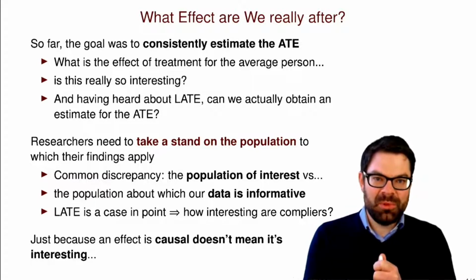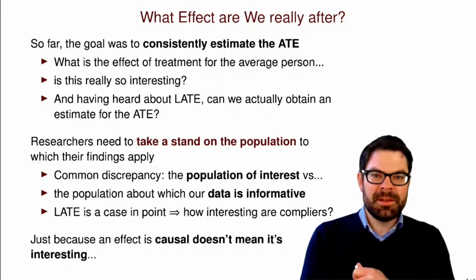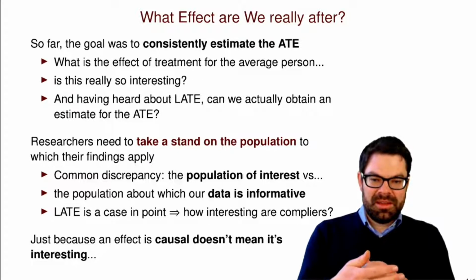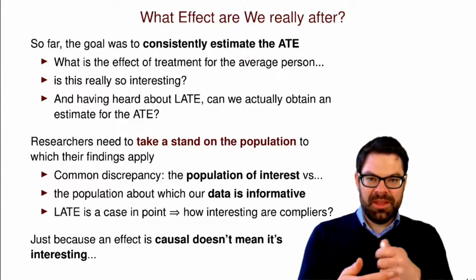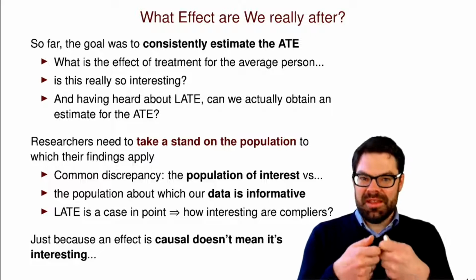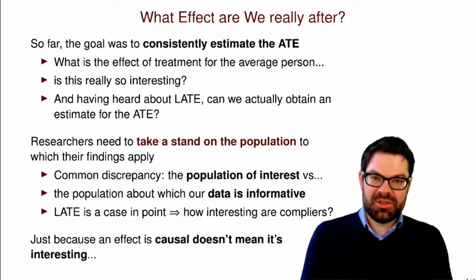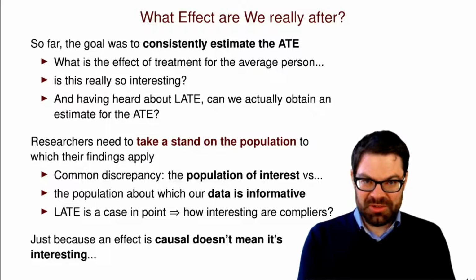The example was that if you have imperfect compliance, even if the assignment of the instrument or of the treatment itself is random and therefore exogenous, people taking up the treatment or not is not exogenous.